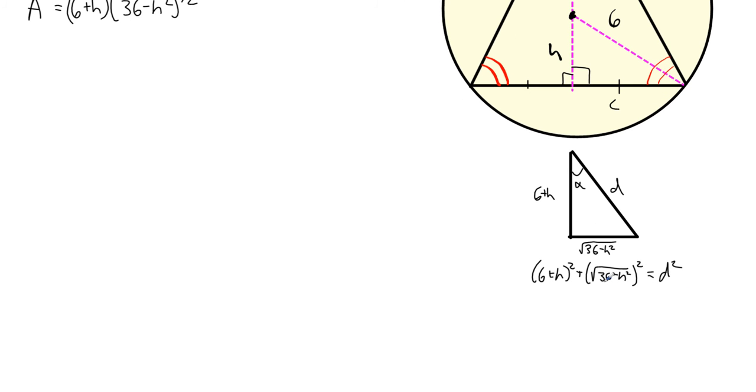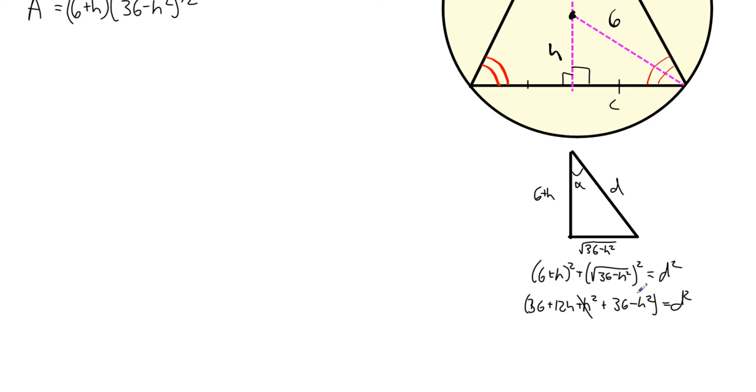Now when I multiply all of this stuff out, this would be 36 plus 12h plus h squared, and then plus 36 minus h squared, and that's equal to d squared.